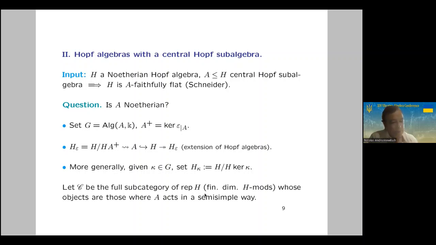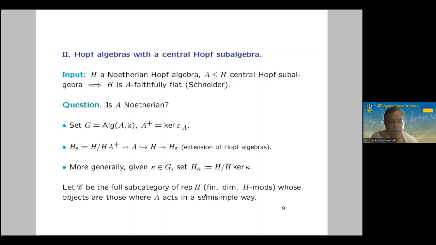Anyway, I take as before, as in Cartier's theorem, G as the group of characters of A, and A plus, as usual, is the kernel of the counit, the augmentation ideal of A, as I already mentioned it.